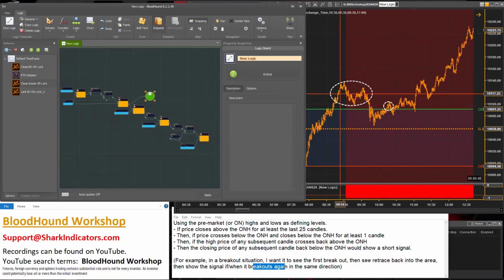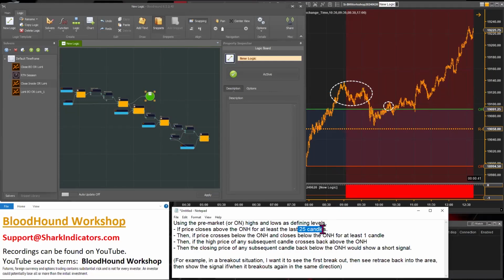There's our first breakout. That was good for at least 25 candles here.